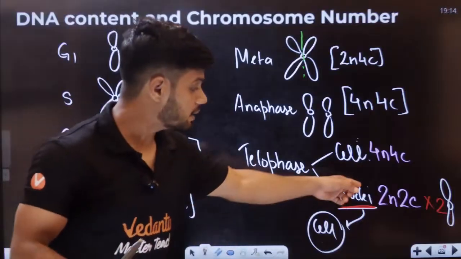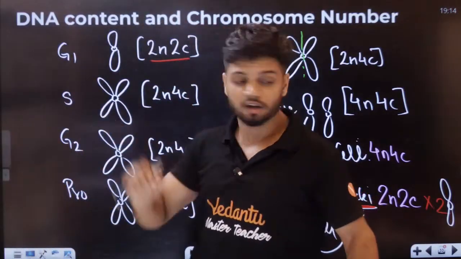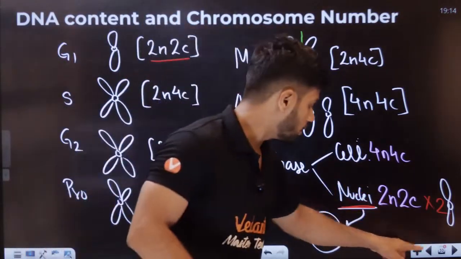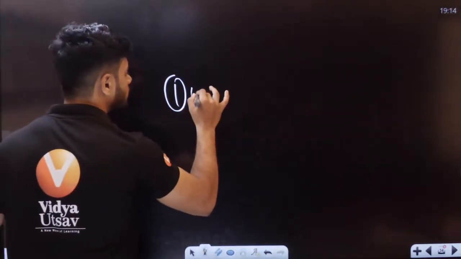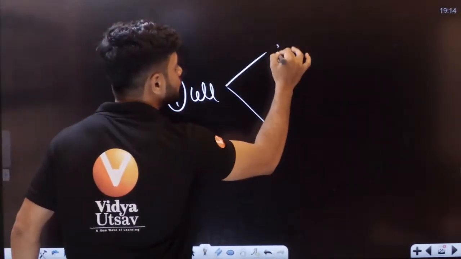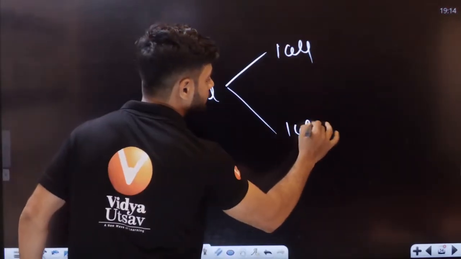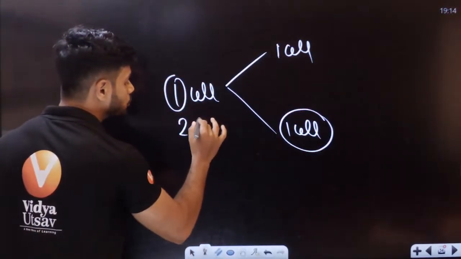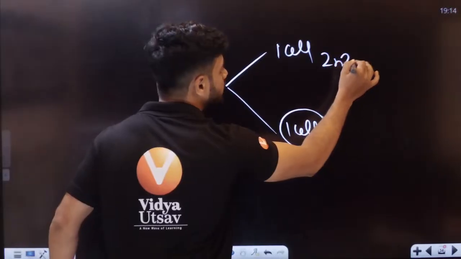Yes. But we end up getting 2 cells. From one cell, we got 2 cells. This was 2N and 2C. These two are also 2N and 2C.